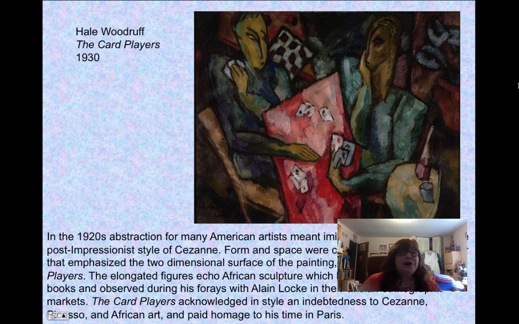And so with Cubism, what they're basically doing is breaking up space, sometimes in a very geometric way. They're flattening it out into shapes and color. So here we have the card players where you can see the figures of people playing cards. Sometimes it's not as obvious, but it looks a lot like the Cubism that is going on at the time.